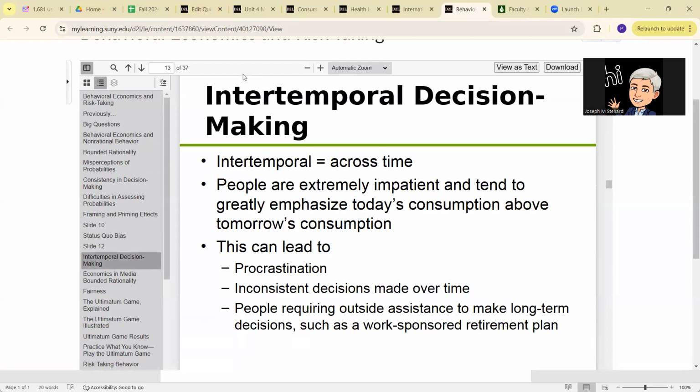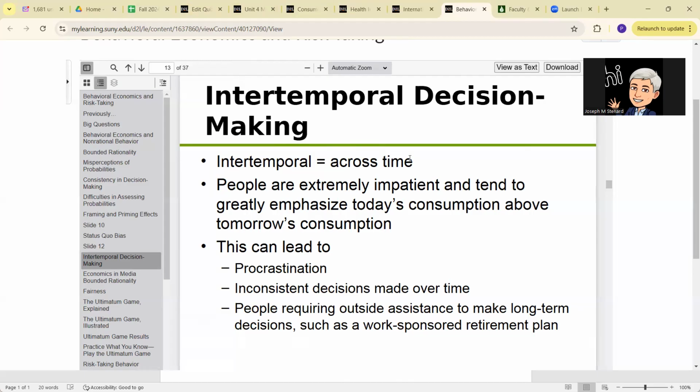The difference between time and your decision to make it, I find these areas to be especially interesting. I don't want to repeat myself from another video, but intertemporal decision making in this case is an inconsistency that people have. For instance, it actually explains procrastination.